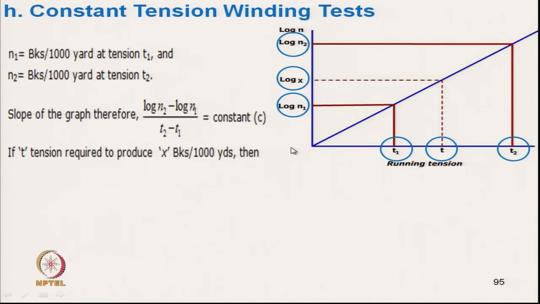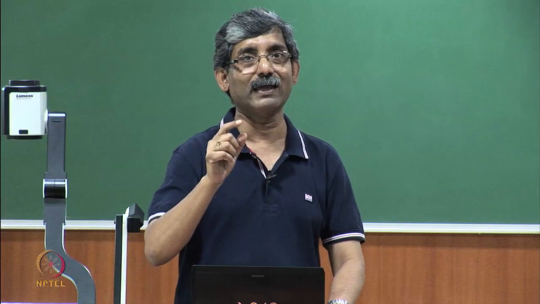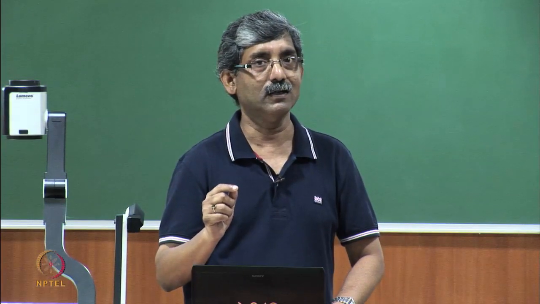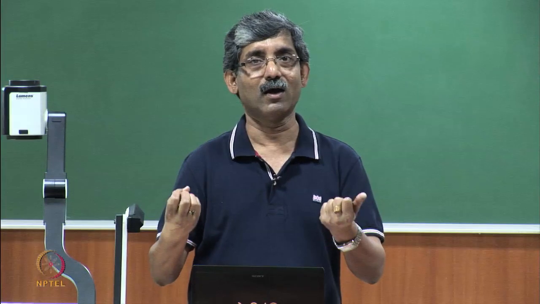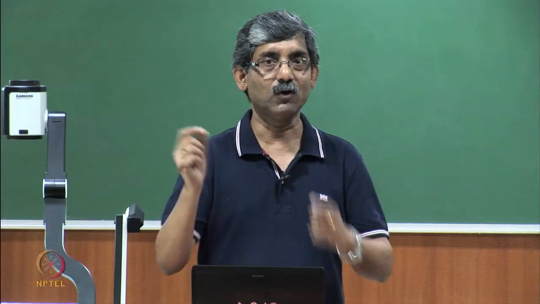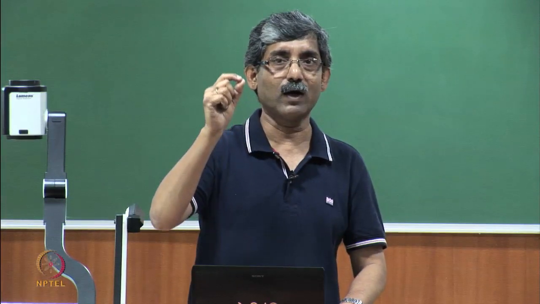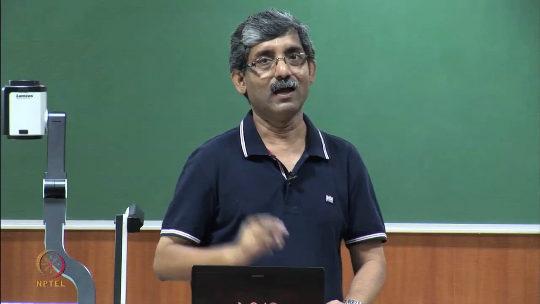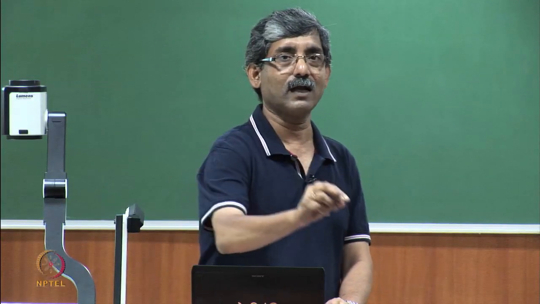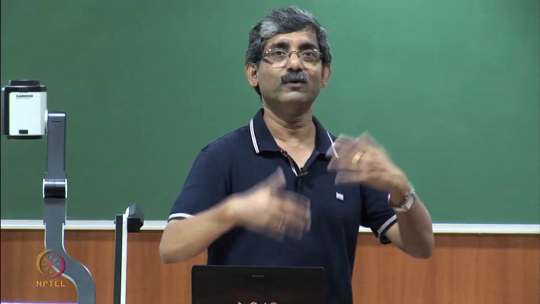Here the thing is that in this instrument, getting exactly 8 breaks per 1000 yard is impossible. It takes a large number of tests and a longer time, because we do not know. Suppose one unknown tension we have given gives say 50 breaks, another unknown tension we give gives say 30. So, how long will we go?